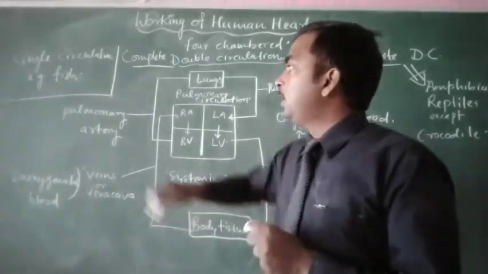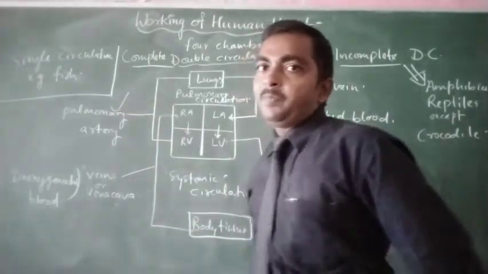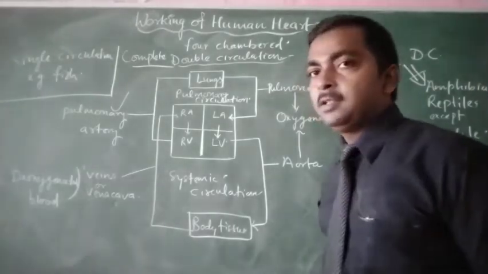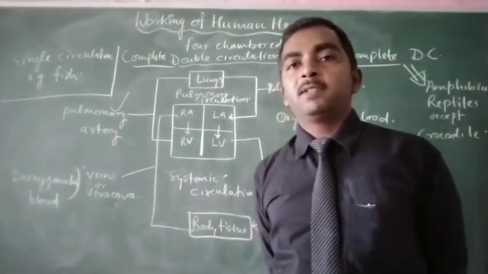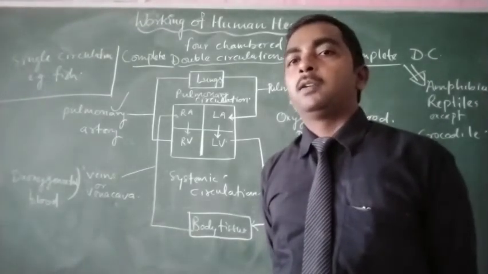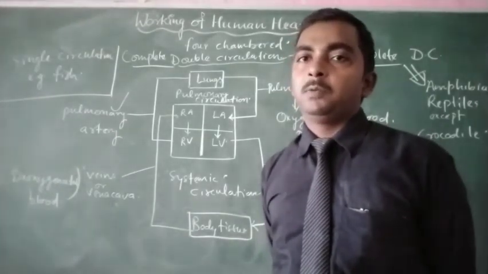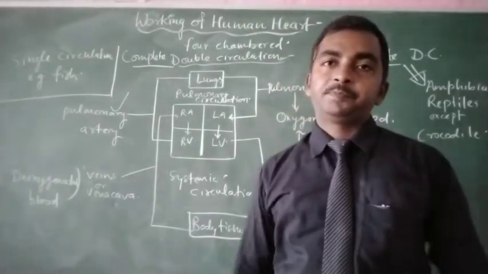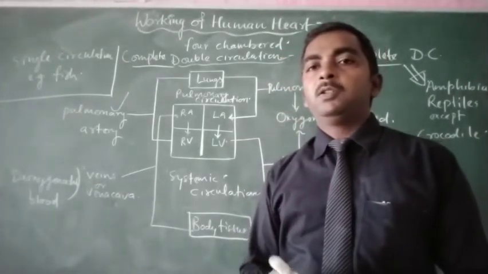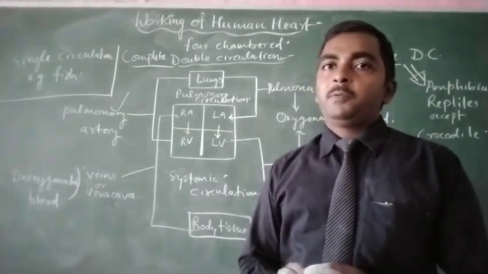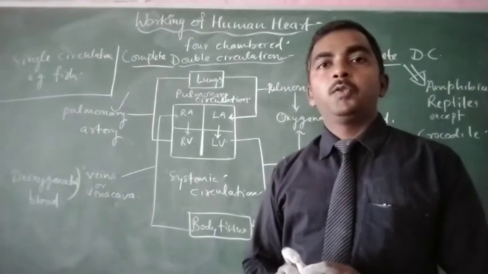The answer will be the pulmonary artery. And the question for the pulmonary vein: the blood vessels that transfer blood from the lungs to the heart are the pulmonary veins. So this is all about the types of circulation and the working of the heart in human beings.